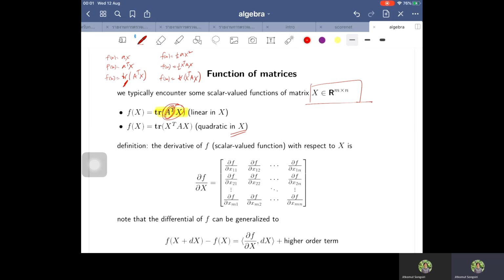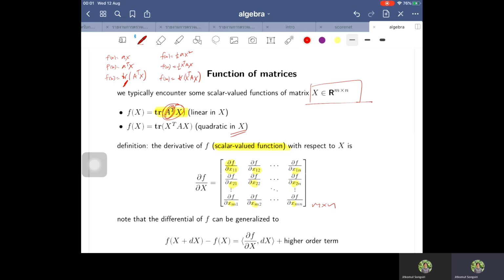Now, the definition of the derivative when a function is a function of matrices is very simple. We talk about scalar valued functions only, because otherwise it's going to be too complicated. The definition is the following. We just take the derivative of f with respect to each entry of X. So the Jacobian is going to be a matrix of size m by n.